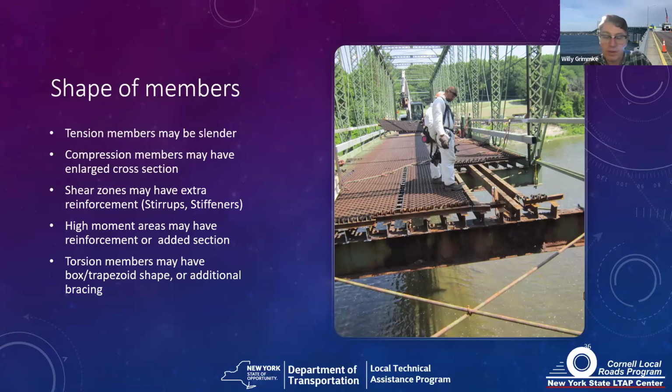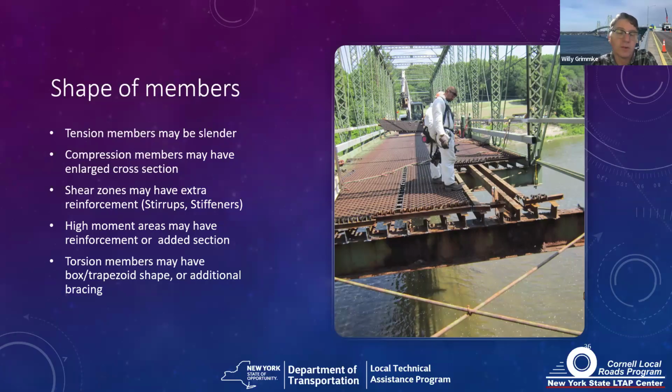Shear zones, you're going to get extra reinforcement. On steel, you often have stiffeners. In concrete, in shear zones, you'll have steel stirrups in your concrete. In high moment areas, you might have some sort of additional reinforcement. And in torsion zones or superstructure elements that are subject to torsion, you will often have something to help resist it.